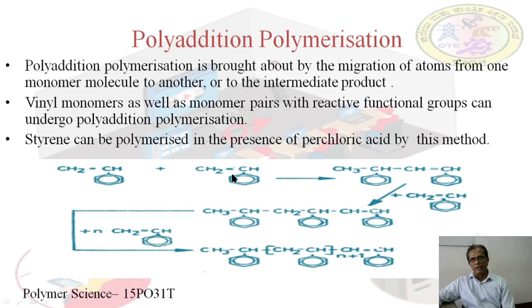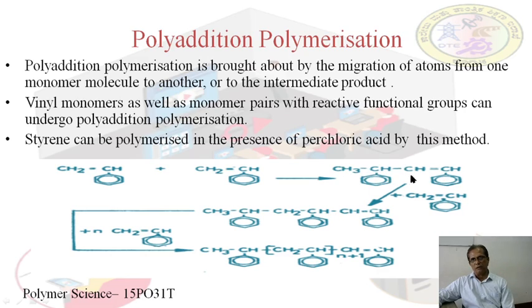The migration of an atom from this double bond will take place. One atom of hydrogen is going to migrate from here and form CH3, and a link between these two molecules will take place here.